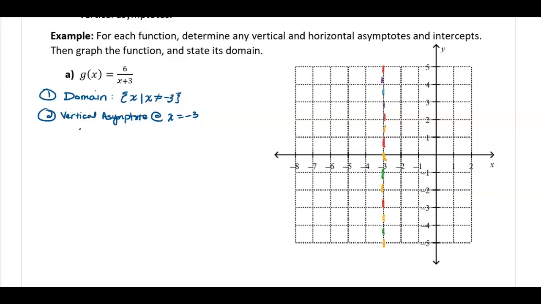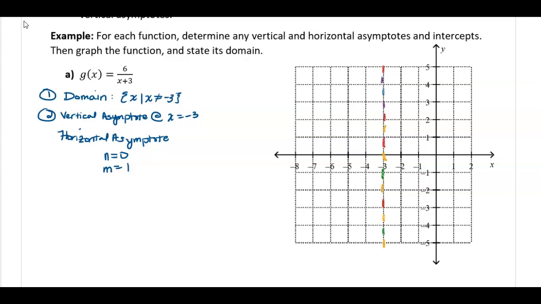Now we need to find our horizontal asymptote. All right, horizontal asymptote. Here, our numerator degree is 0.